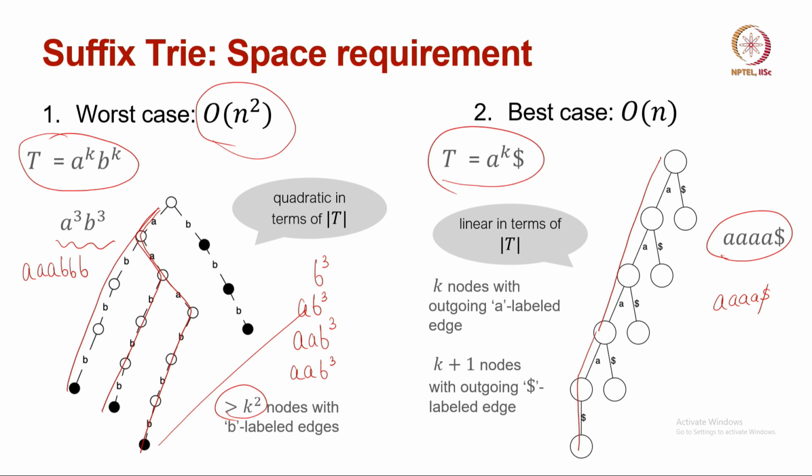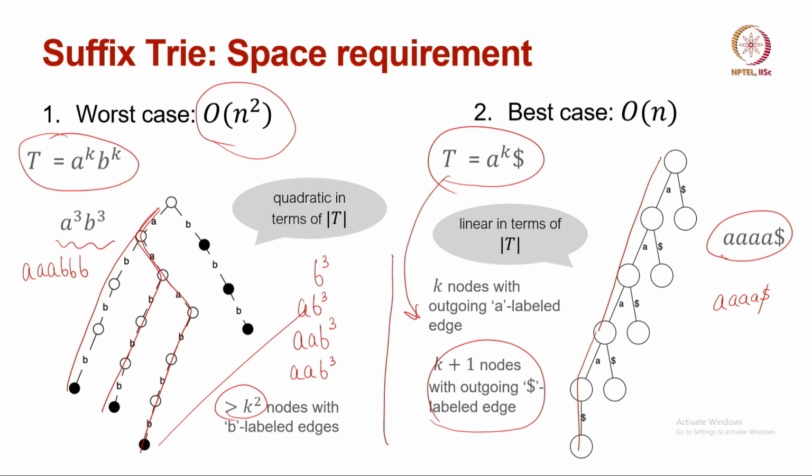So in this example you have k nodes with A labeled edges and k plus 1 nodes which have outgoing dollar labeled edges. So this example requires linear space, but the worst case remains quadratic.